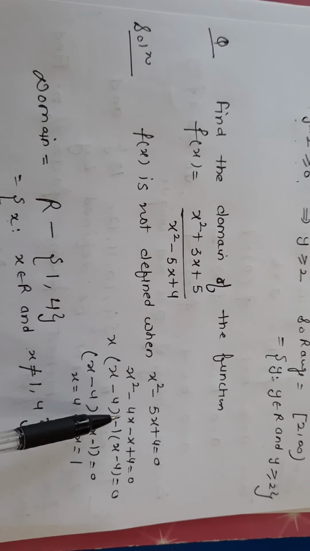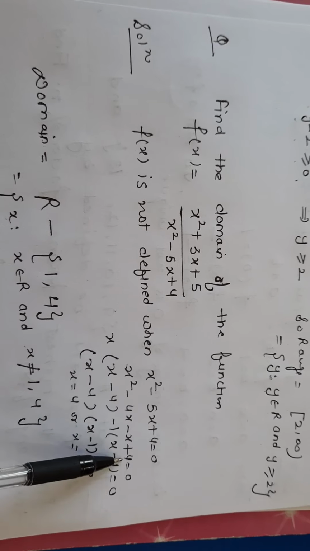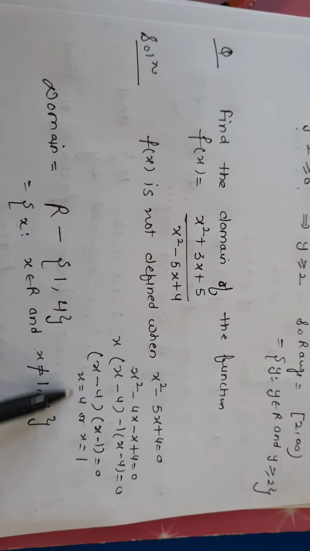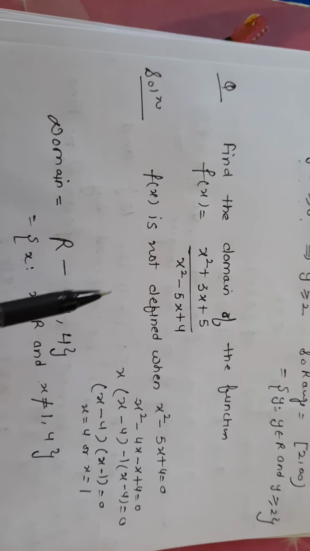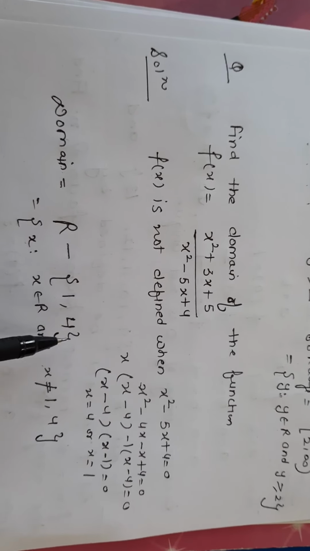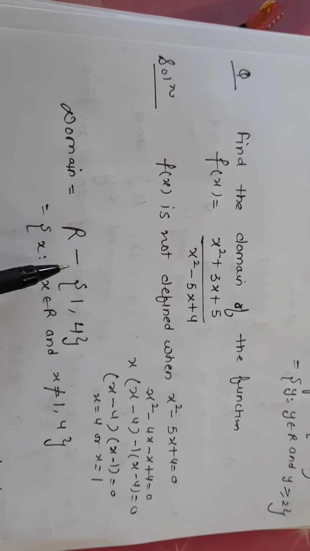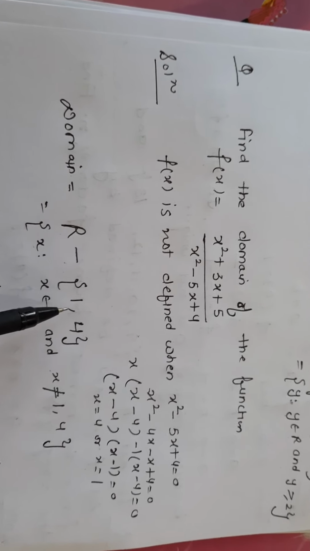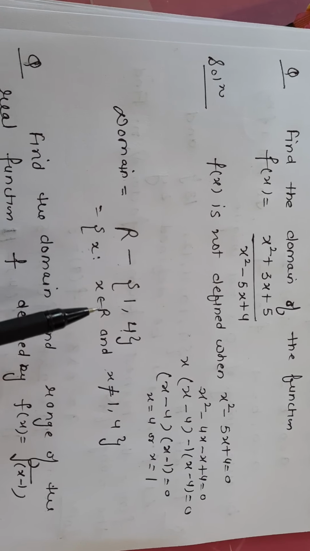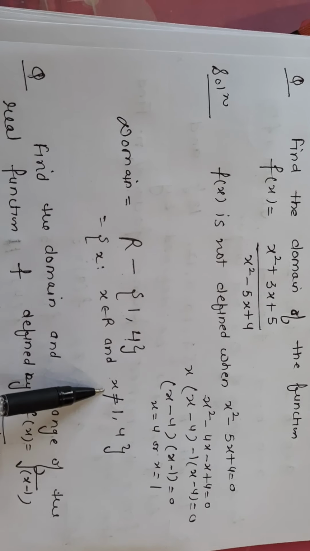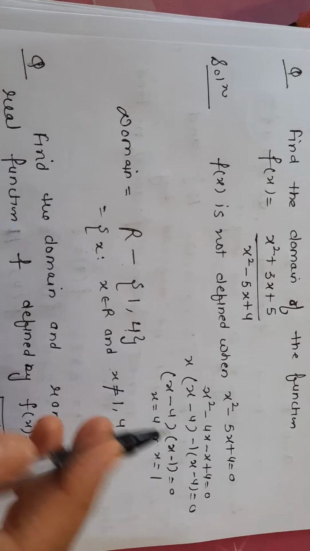You will get x square minus 4x minus x plus 4 equal to 0. We are going to have two values of x, either 4 or 1. That means this is not defined when x is either 1 or 4. So domain is all real except 1 and 4, or in set builder form, set of those x where x belongs to real and x is not equal to 1 and 4.